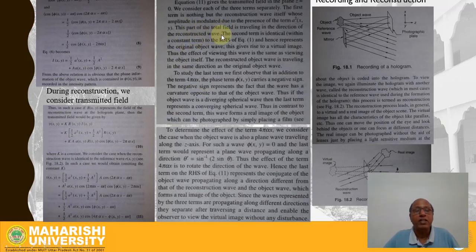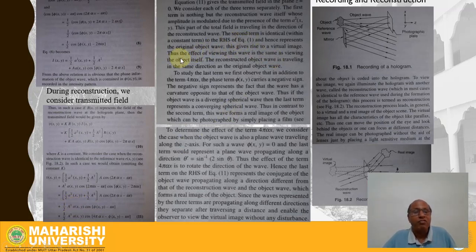Similarly, if you look at the second term, this is identical to the right hand side of equation 1. The first one is, if you see, this one. So this considers the amplitude of the reference wave itself, right?